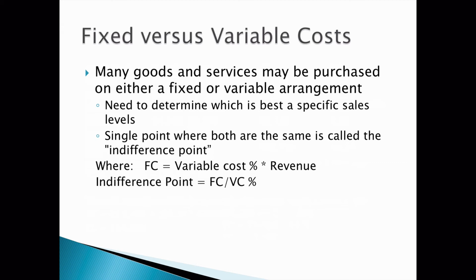Would we choose the fixed cost, or the variable cost? I have a formula at the bottom of this slide for the indifference point, the point where it doesn't matter which we choose, because the fixed cost is going to equal the variable cost as far as our expense. So indifference equals fixed cost divided by variable cost percentage.